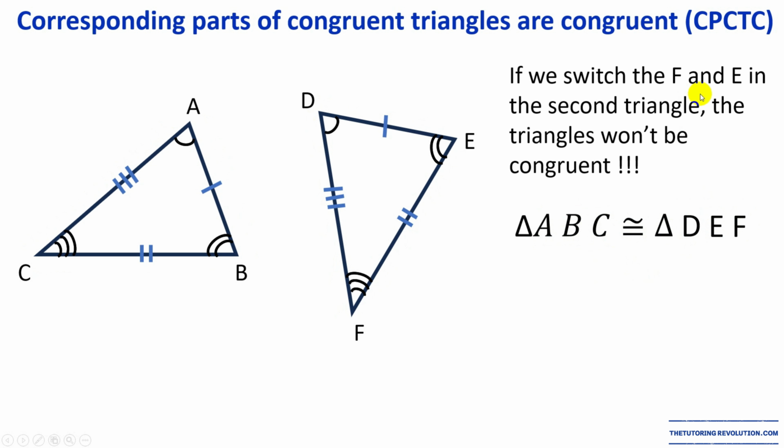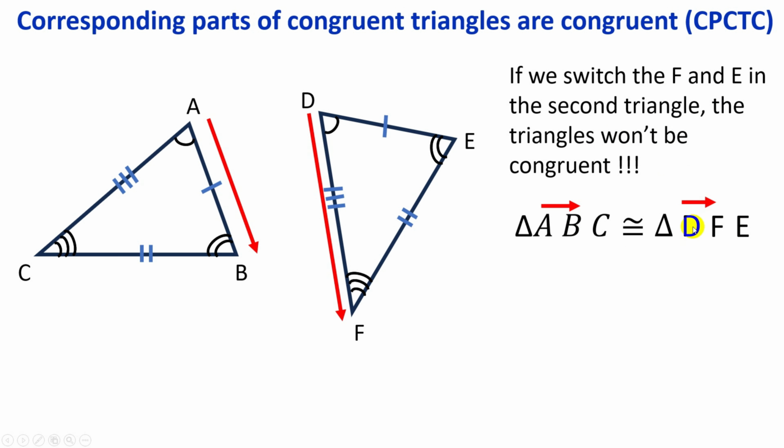So if we switch F and E in the second triangle, in this triangle here, the triangles won't be congruent anymore. Let's show why. You see, we're switching those two letters, F and E. Now, AB won't be congruent to DF anymore, right?